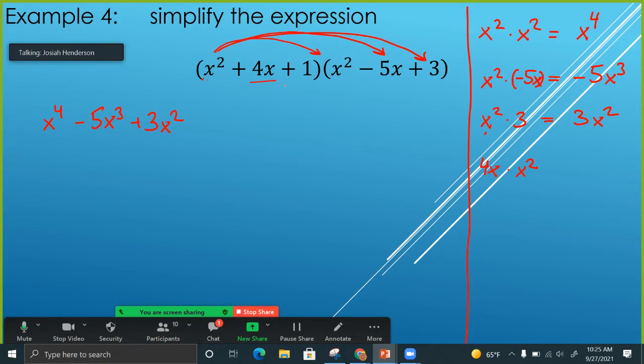Now we're on 4x. Gets multiplied by everything in the second. So 4x times x squared. 4x to the 3rd. And I'm going to add that to my list of my solution over on the left too.